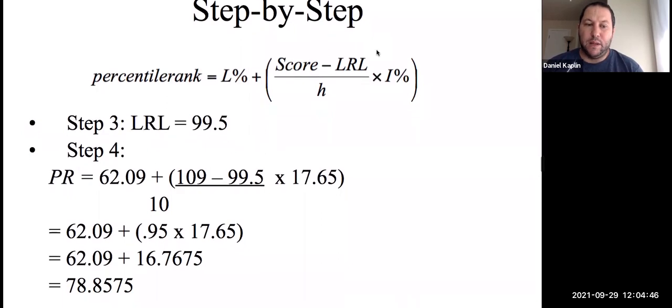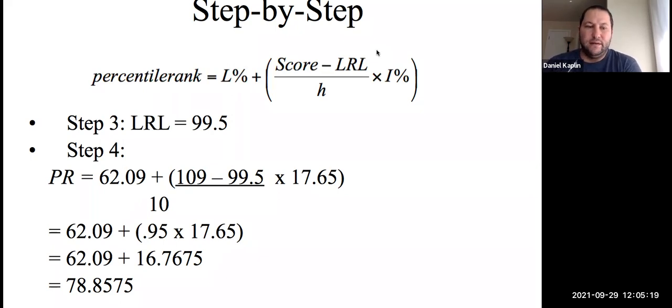And then I just plugged in the formula, and sure enough, the lower percent, we had 62.09 plus 109 minus 99.5 divided by 10 times 17.65. So that's going to give me 0.95 times 17.65, or 16.767, which is rounded up to 16.77.